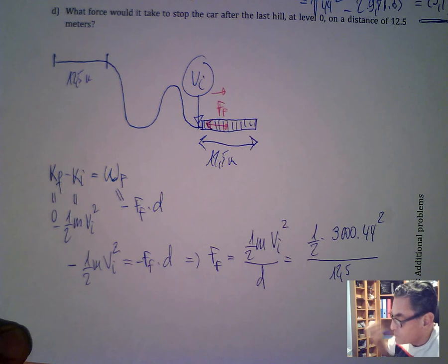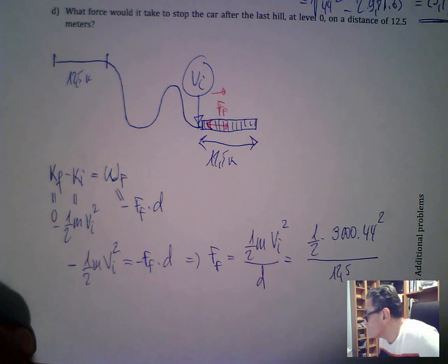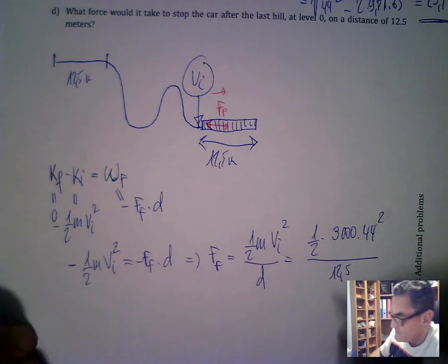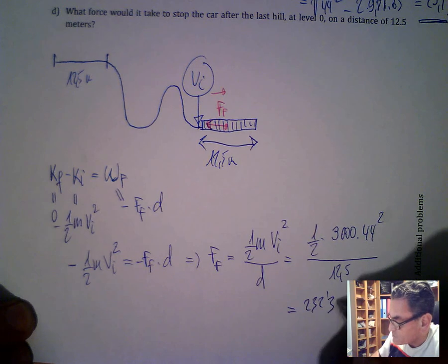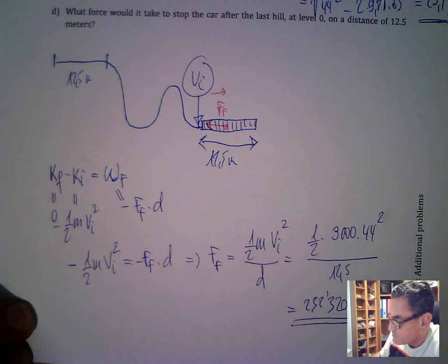How much is that going to be? It's going to be a lot. 44 squared times 3,000 divided by 2 divided by 12.5. This is 232,320 newtons.